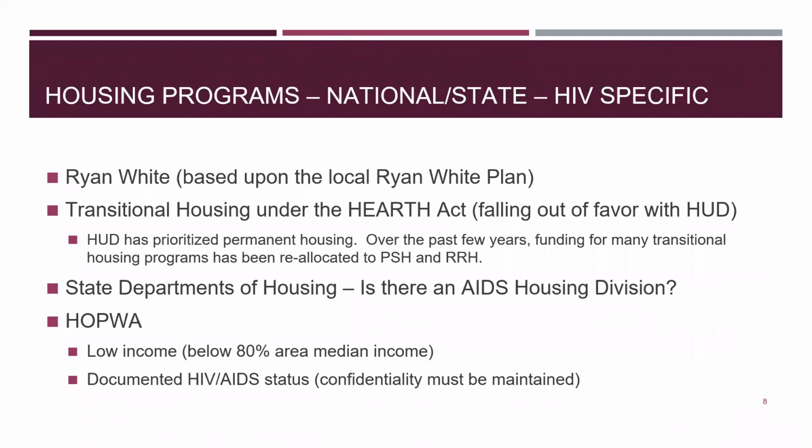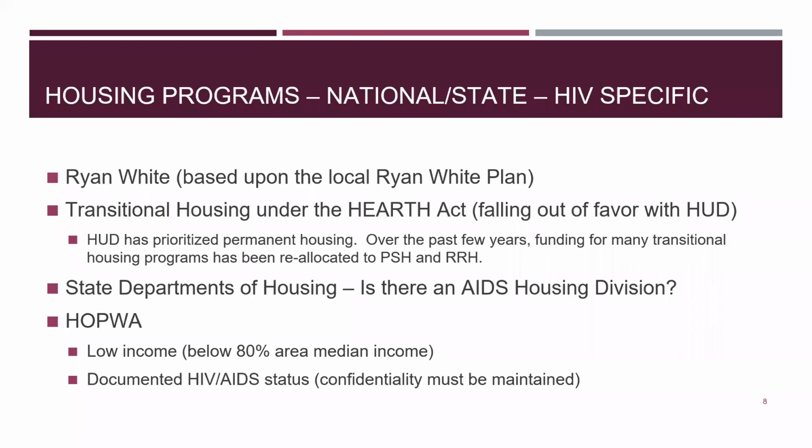I know that where I live, Ryan White pays for some housing assistance, some minimal, but not for any larger housing programs. I see from some of the comments that you have made, there has probably a more robust funding through Ryan White for different housing. And if you'd like to share that at the end, we can get to that.